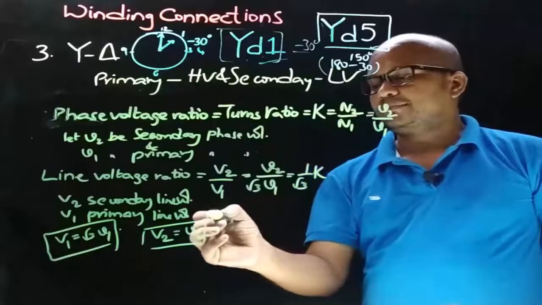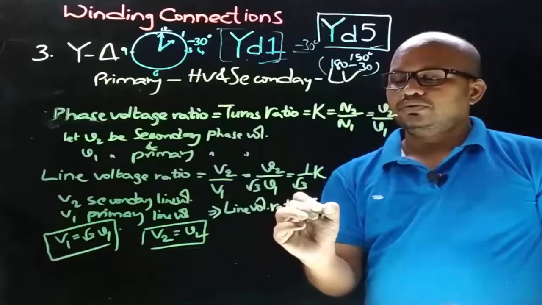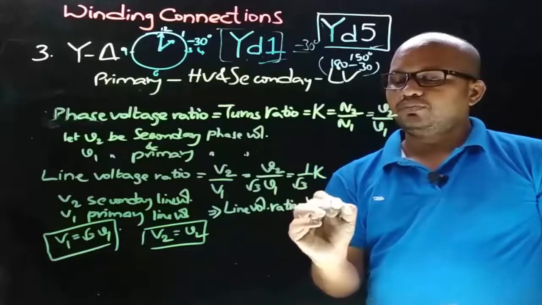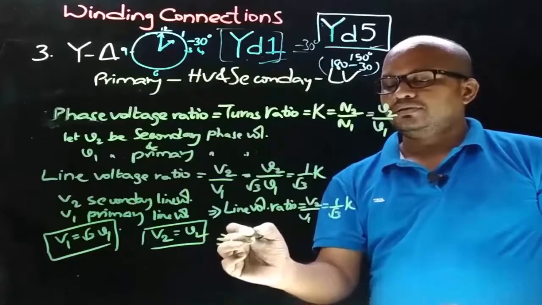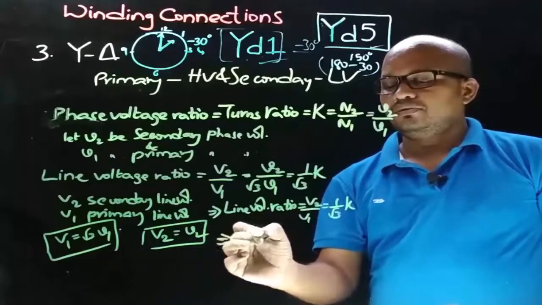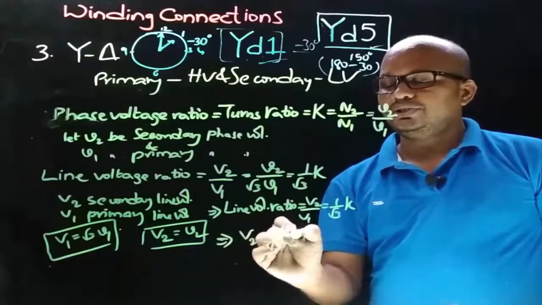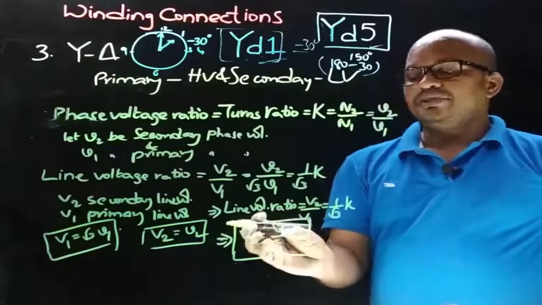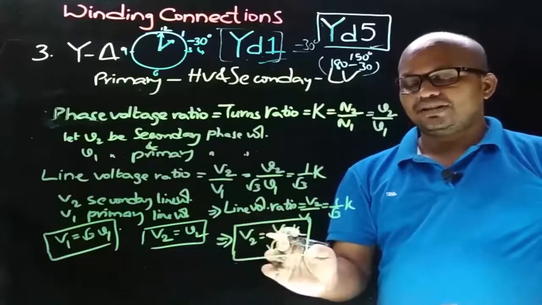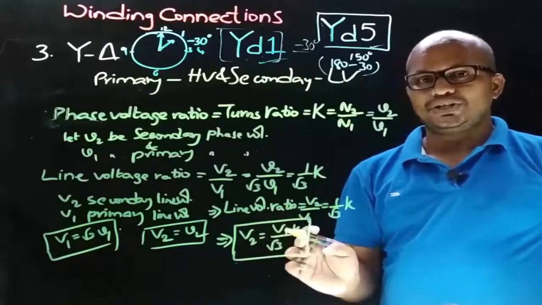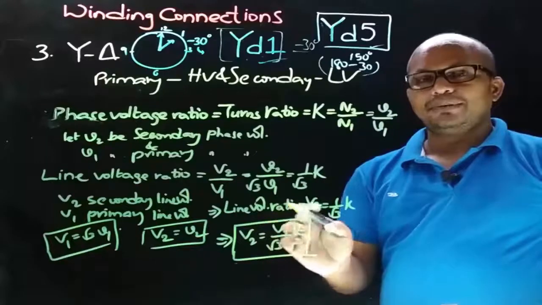That implies line voltage ratio V2 by V1 is equal to 1 by root 3 times k. That implies V2 is equal to V1 by root 3 into k. Now if you observe from this relation, secondary side voltage is less when compared with primary side voltage, that is, it is 57.7% of primary side voltage.